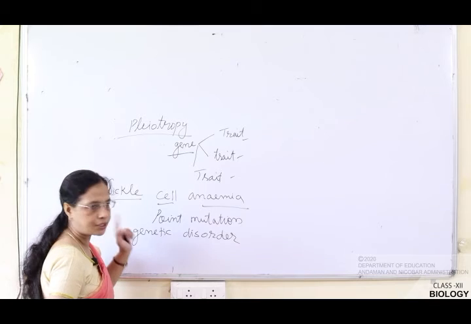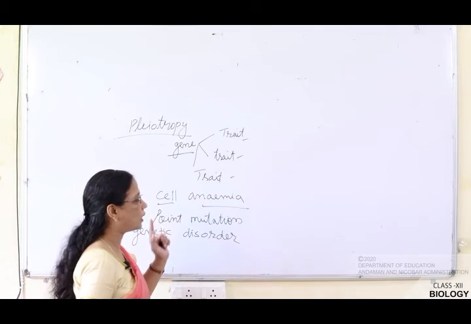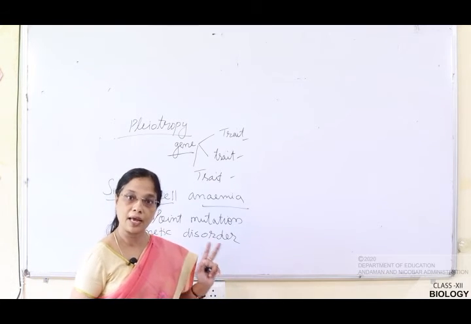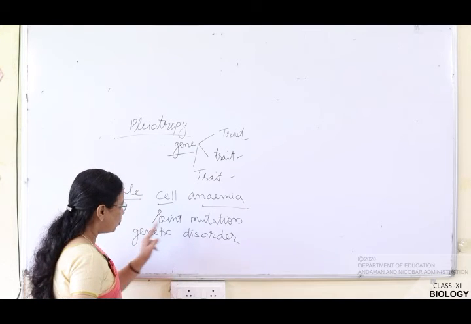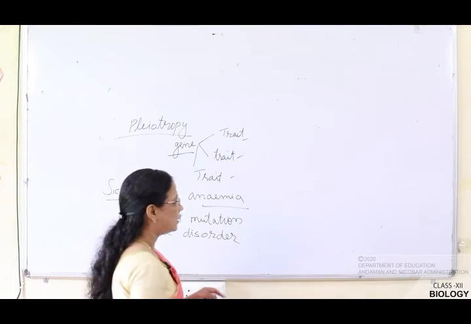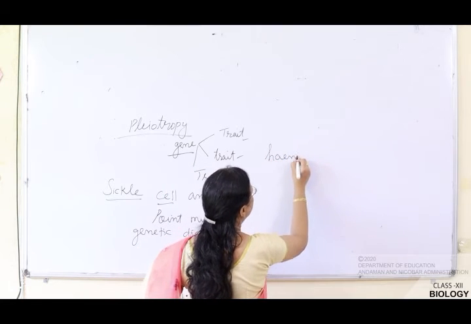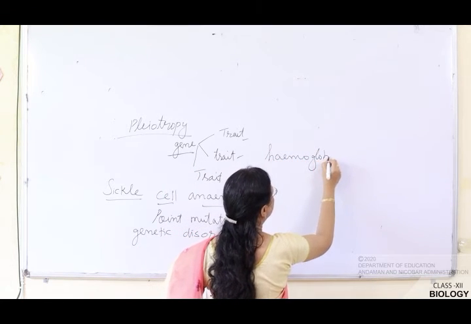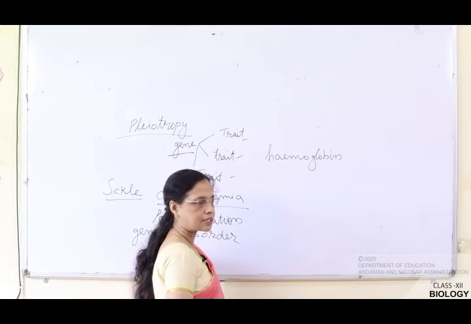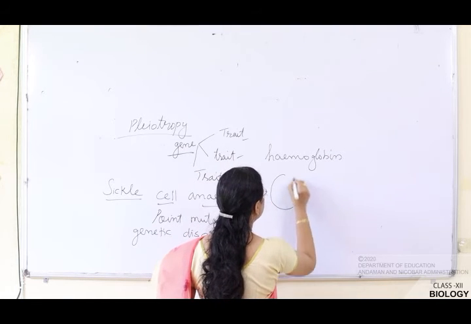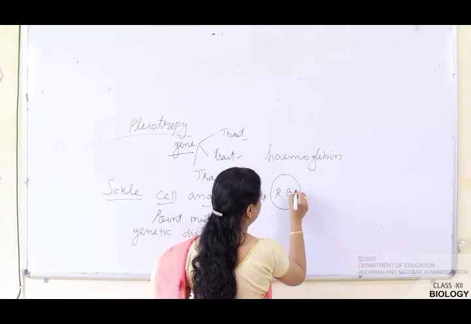These patients suffer severe anemia. Due to this point mutation, there is a change in the structure of the hemoglobin. Where is the hemoglobin present? Hemoglobin is present in the RBC, red blood cell.